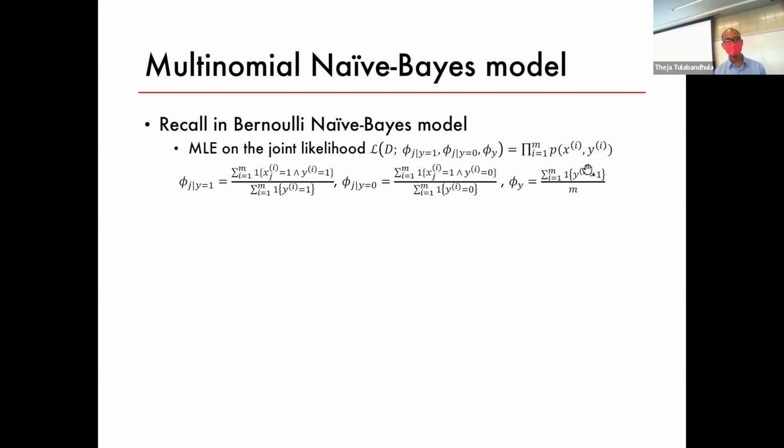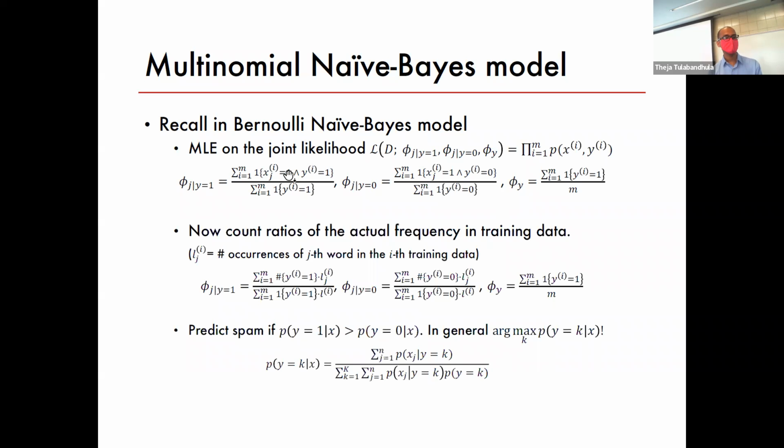For the Bernoulli naive Bayes model, the class proportion parameter is just the number of spam divided by total examples, or the number of regulars divided by total examples. Per class, the probability of a word is just: subset the examples to the ones which are spam or regular, and under them, how many times did you see that word, presence or absence of that word. It's just a proportion, a frequency count here.